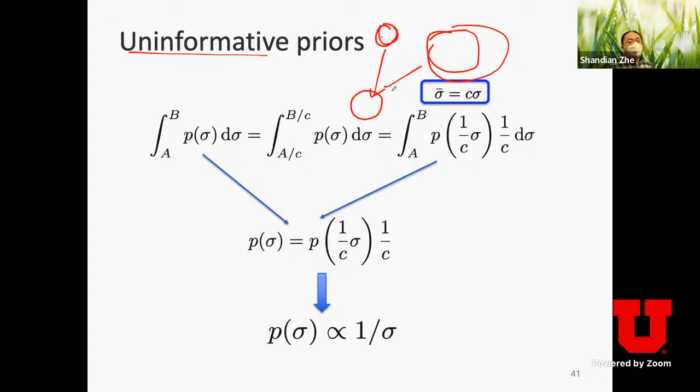Otherwise, if my likelihood is scale invariant but my prior is not scale invariant at all, the posterior won't be scale invariant either. It could be quite far away from the likelihood itself. That's not what we want.